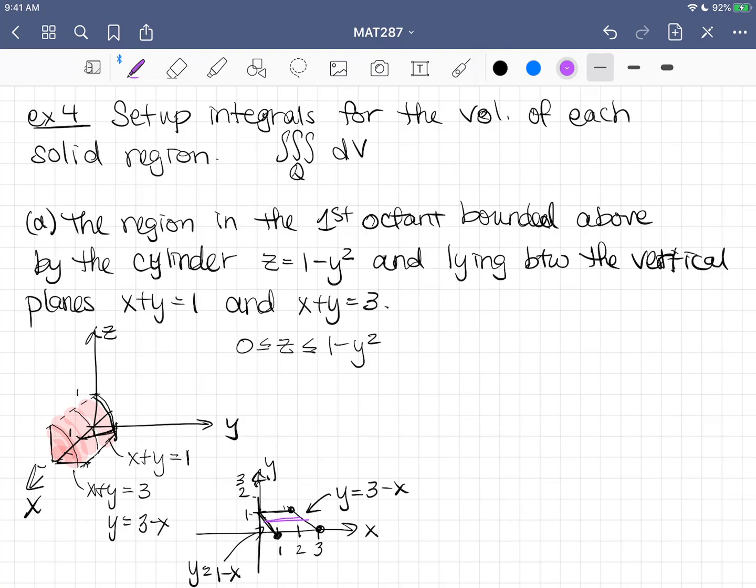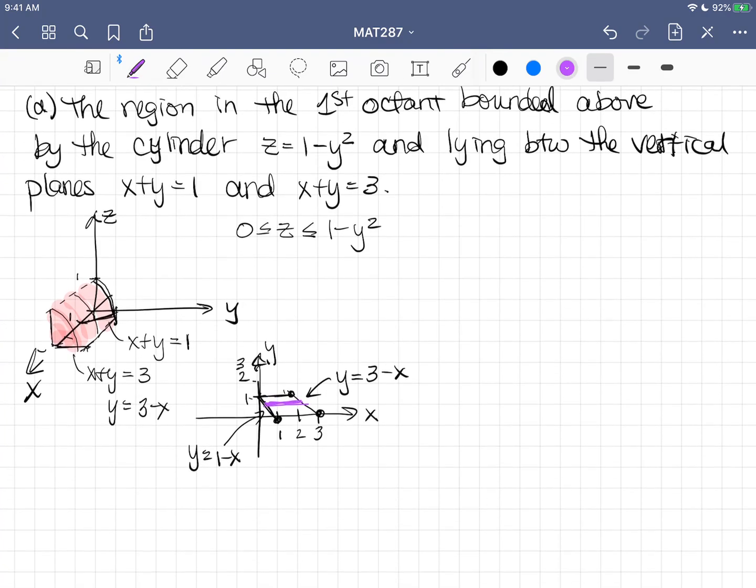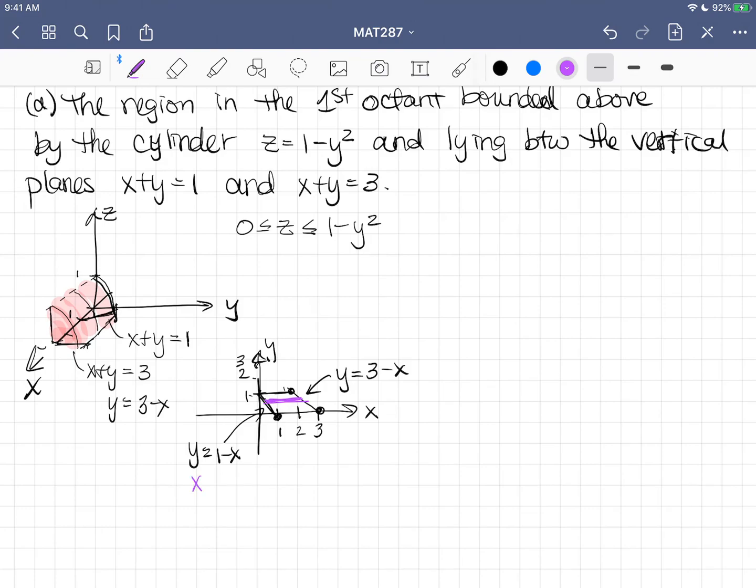So I'm going to go this way. So I want to rewrite these equations in terms of x. So this is the same as x equals 1 minus y and x equals 3 minus y. All right, so my bounds on x then become x is between 1 minus y and 3 minus y.